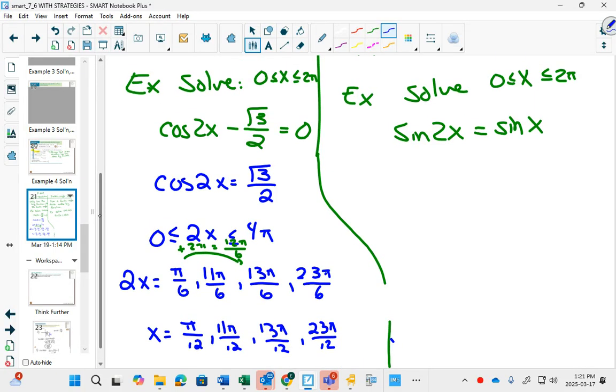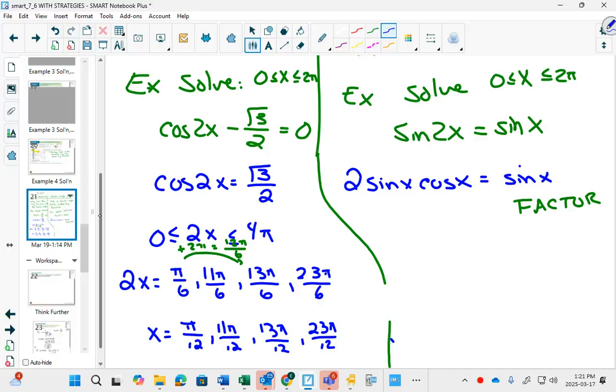If you have an extra trig function like this sine x in there, then it probably makes sense to go to your double angle formulas, and the only thing you can change sine 2x to is 2 sine x cos x. In this one you'll be very tempted to say, oh, if I divide both sides by sine x, it will go away.